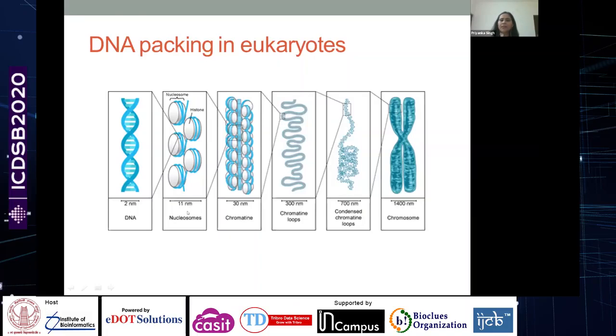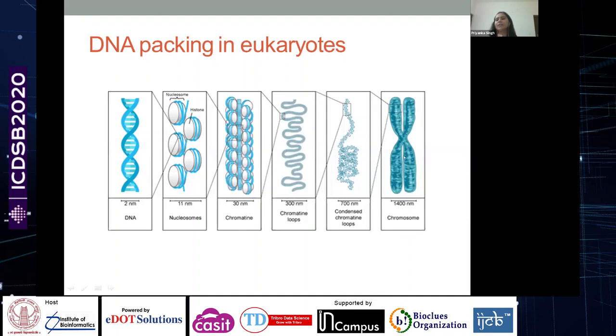Then this nucleosome further condenses with the help of some scaffold proteins and forms this chromatin structure, which is around 30 nanometers. This chromatin structure further undergoes different levels of condensation. It loops out and finally forms this 1.4 micron structure, which is called the chromosome.